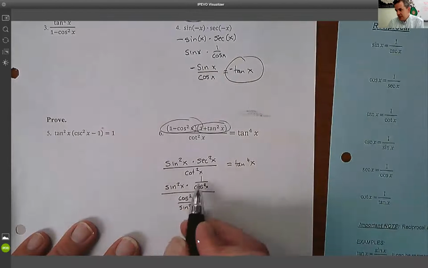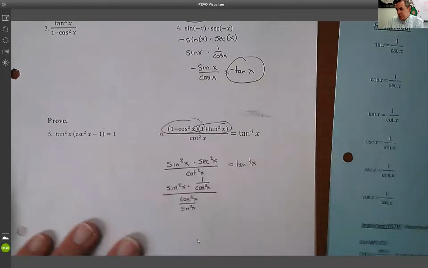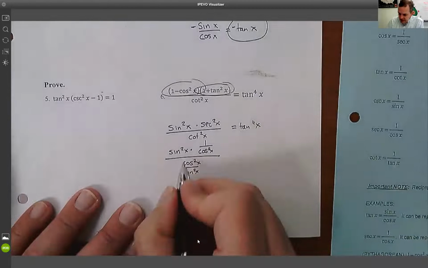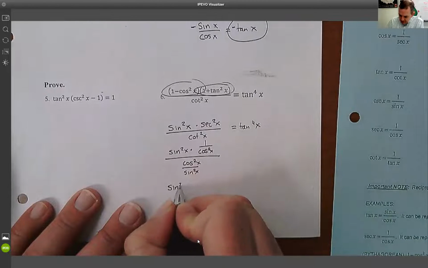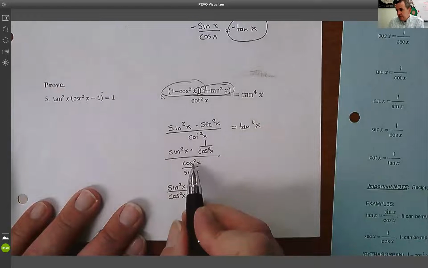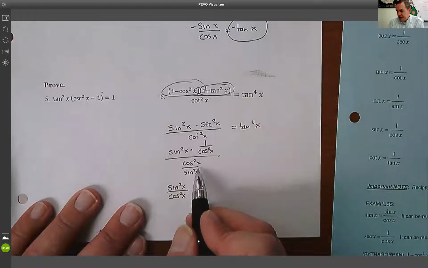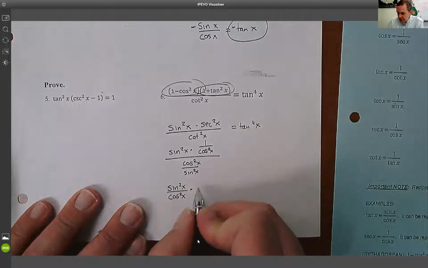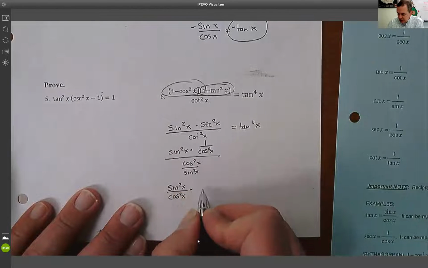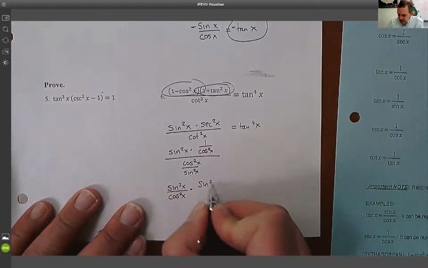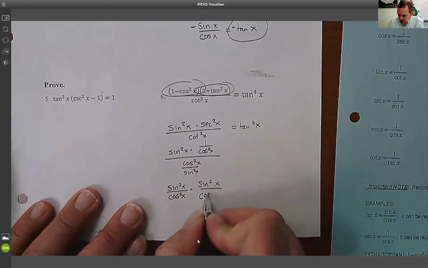Realistically, that just puts these two together, and up top I get sine squared x over cosine squared x. Now, when you divide by a fraction, it's the same as multiplying by its reciprocal. So I'm going to take that cosine over sine and flip it over, and it becomes sine squared x over cosine squared x.